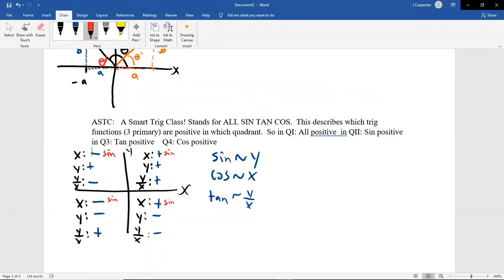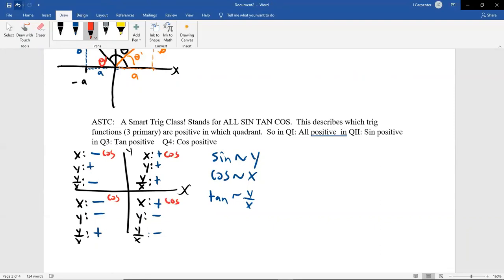I keep saying sine instead of cosine. X's are cosines. And I know why. It's because I usually write y and then x on this. That's what screwed me up here. X goes like cosine. That was my bad. So cosine positive, cosine negative, cosine negative, cosine positive.